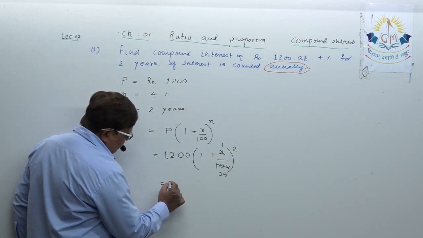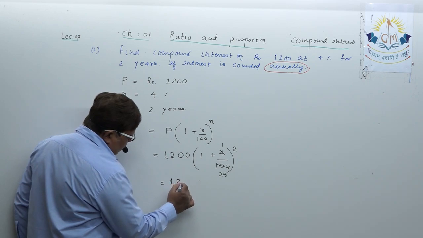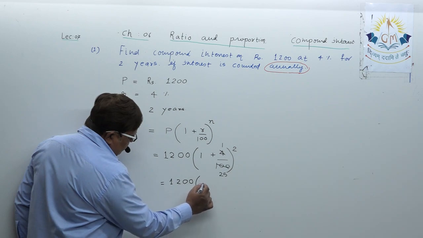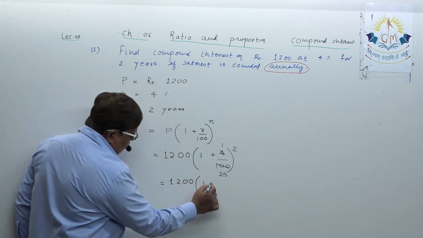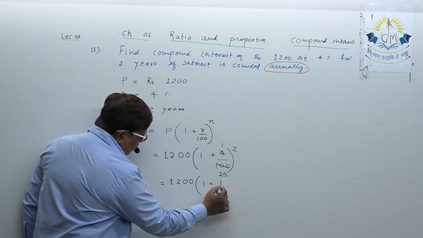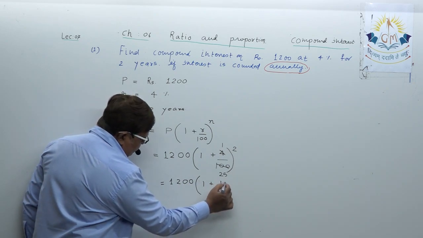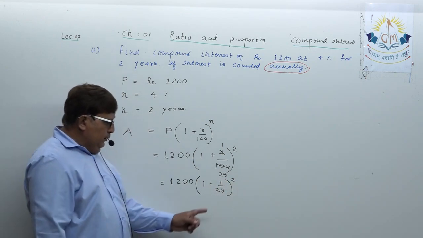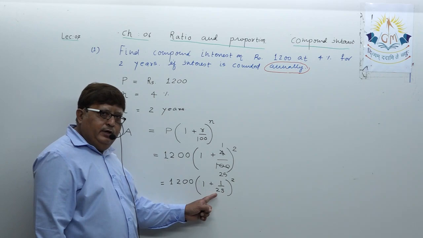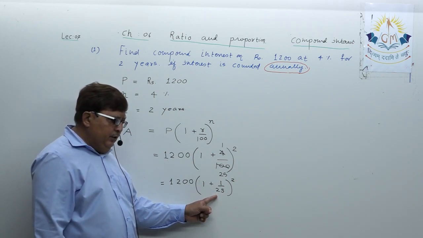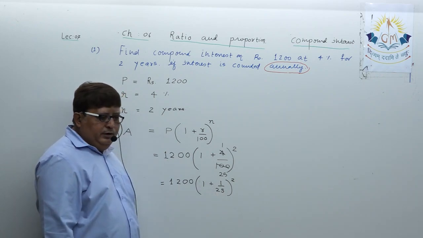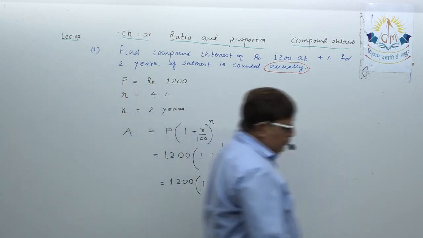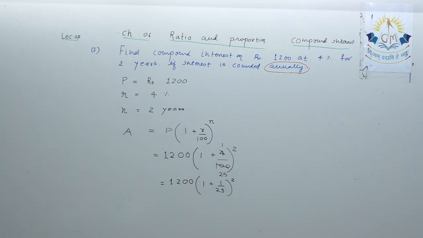So now place the next step. 1200 in bracket 1 plus, please concentrate, 1 upon 25, raised to 2. Now dear student, a very important point, you have to take LCM. Okay, how LCM here? A very important point.